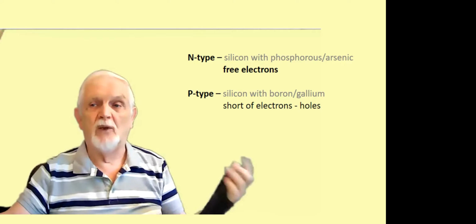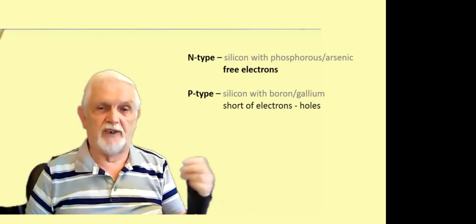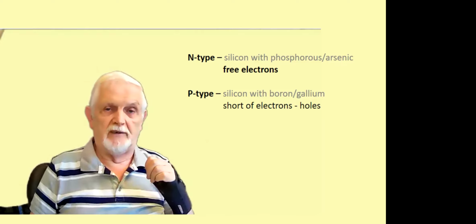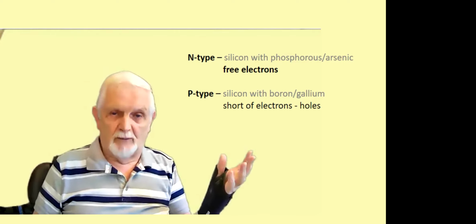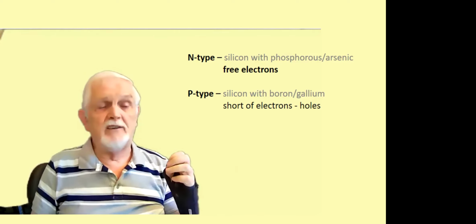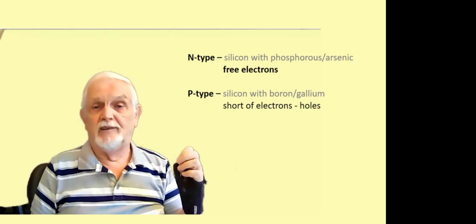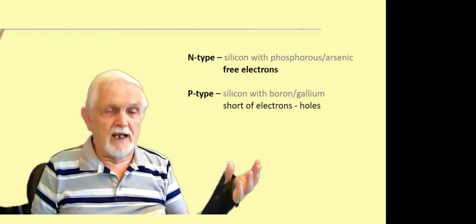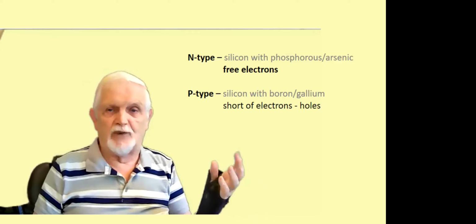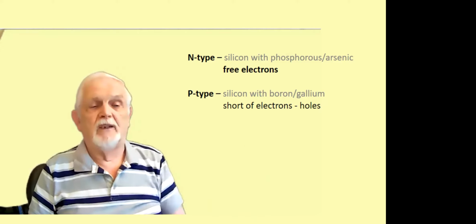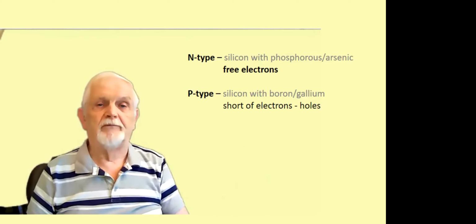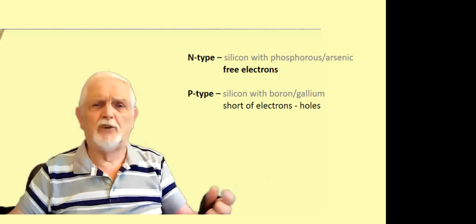The p-type, when it's doped, is the opposite. It's short of electrons. It's out of balance, and they tend to call them the holes. The atoms that are missing an electron are called holes. It's just a concept. So what's this got to do with anything?